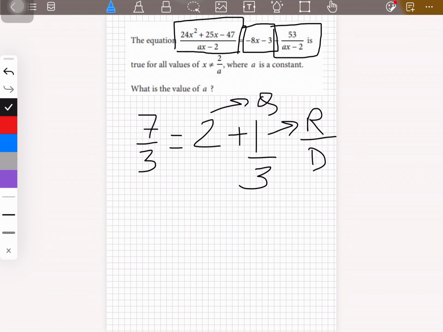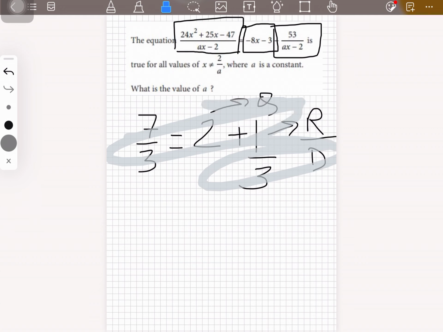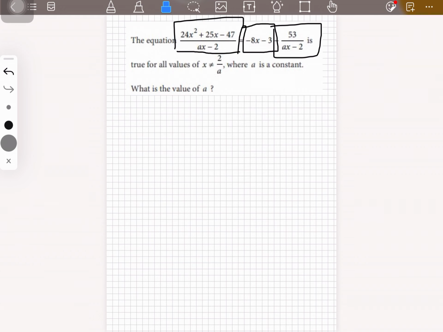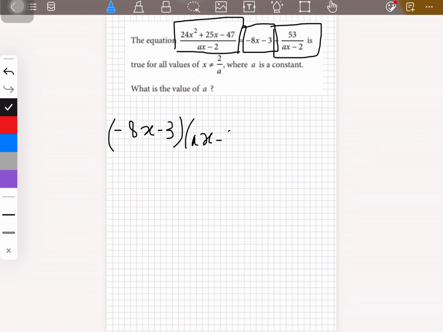So previously what we did was we multiplied the quotient. So let's go over here. To get whatever is to be divided, we multiplied the quotient, that would be this, with the divider, that is ax minus 2, and then added the remainder, in this case minus 53.